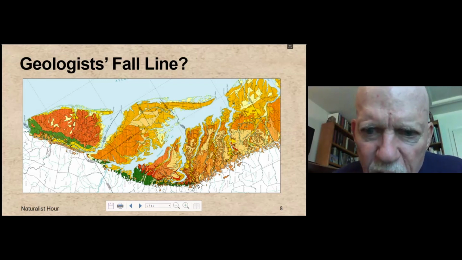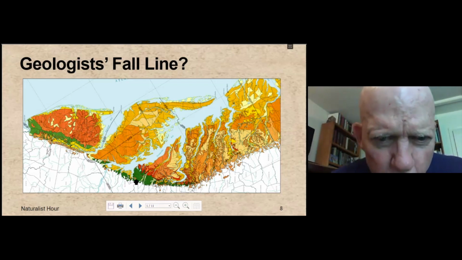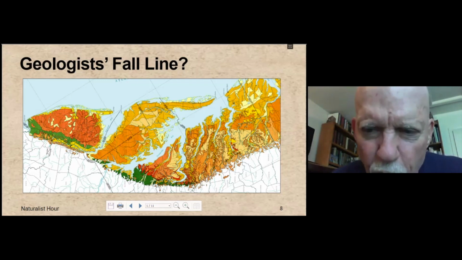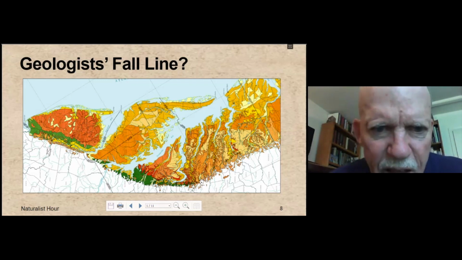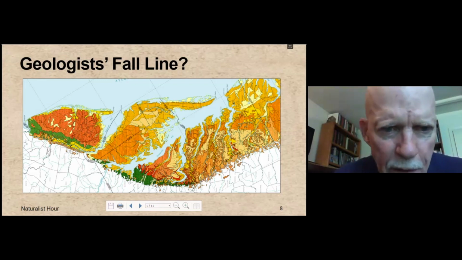As you can see, there's little pieces of the sedimentary layering that are actually separate from the main part of the coastal plain, and it doesn't show too well, but there's actually little pieces of exposed Piedmont that are surrounded by coastal plain material.